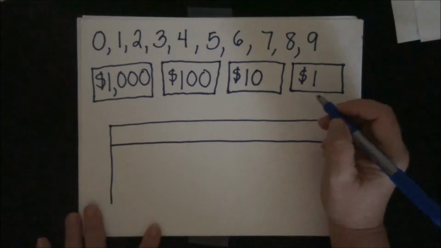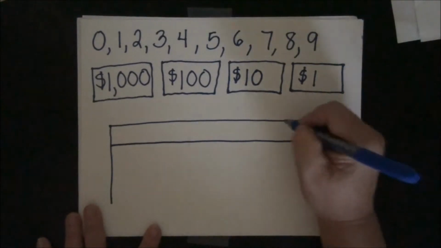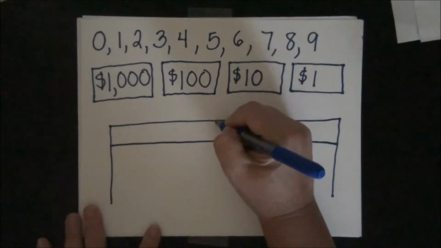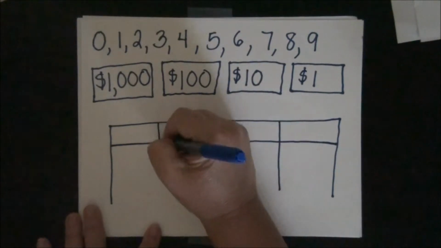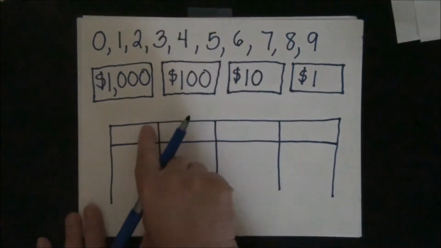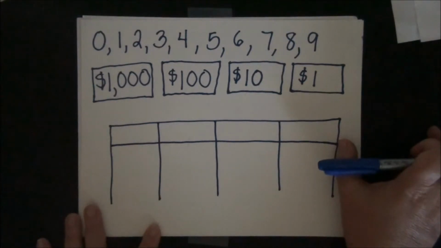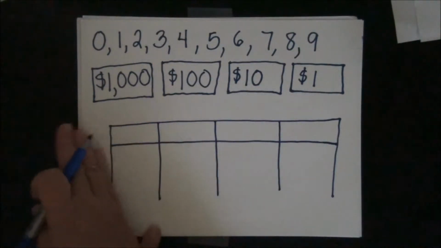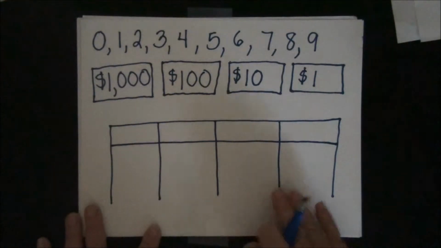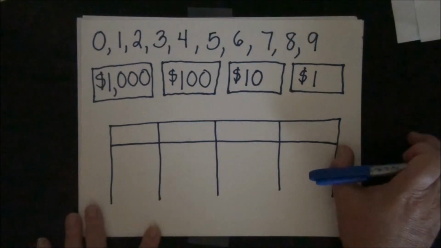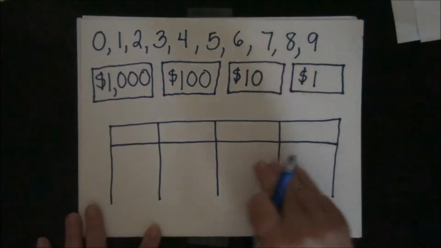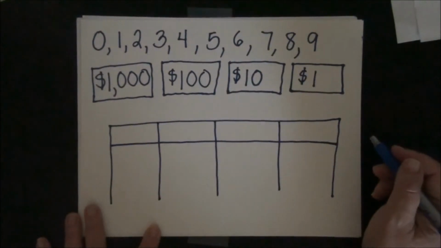Okay, and we're going to do 3 vertical lines. 1, 2, 3. That gives us 4 spaces, and that's basically what we need for now. There are more places on the right, and there are lots and lots and lots of places on the left. We're going to learn 2 places over here by the end of the year, but right now we're concerned with these 4 places.